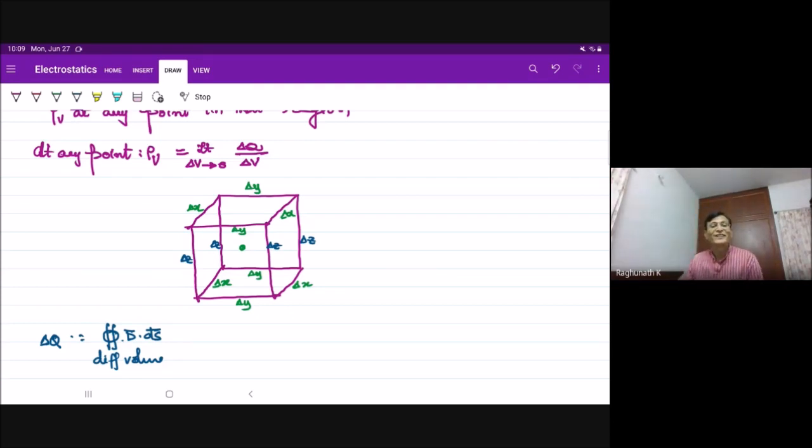You agree with that? They will ultimately define divergence like this: the closed surface integral over a closed surface enclosing a differential volume divided by delta v, limit delta v tending to 0, is divergence, they call it. And I know that Q is the integral of rho v dv. I need to find out rho v through D. I want to do this.